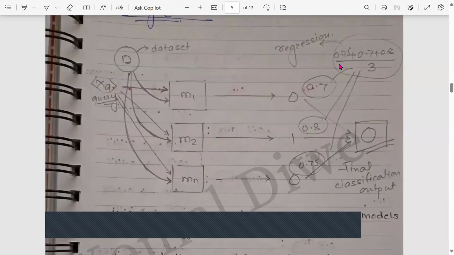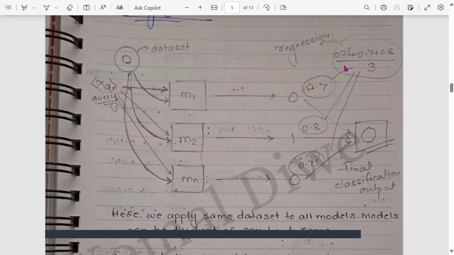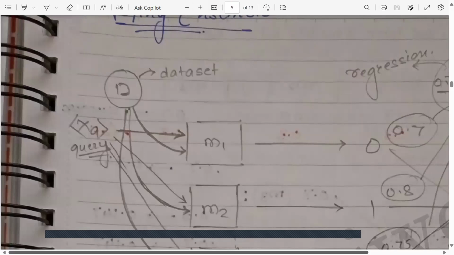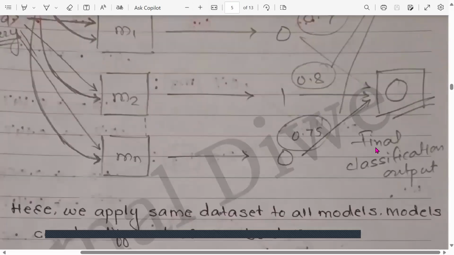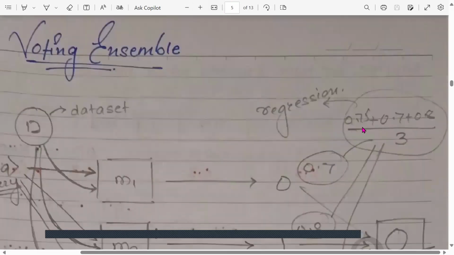That's it. This is the final classification output. You have to remember how the process is working.